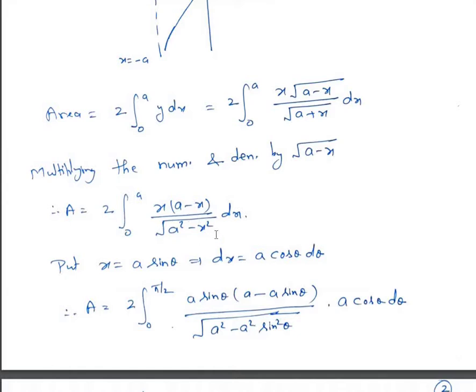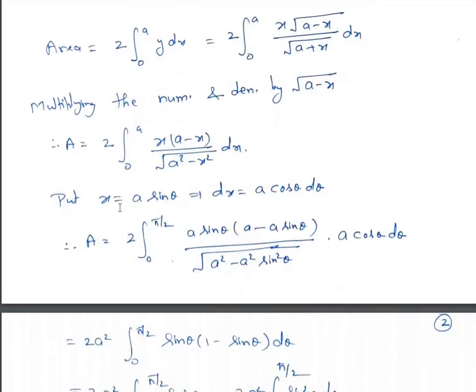Now because we have obtained root of (a² − x²), for integrating we substitute x = a sin θ. So when x = a sin θ, dx = a cos θ dθ, and substitute these values here. So limits become from 0 to π/2.